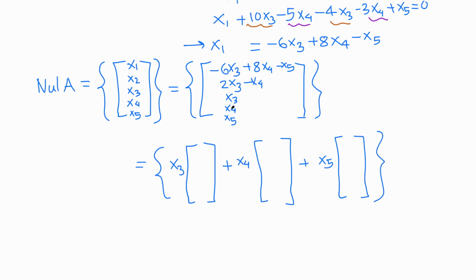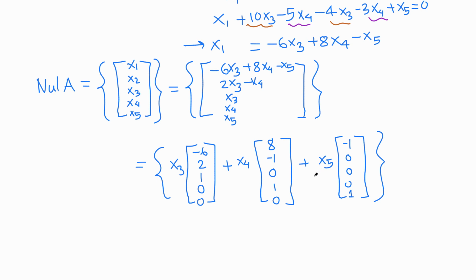So for x3: negative 6, 2, 1, 0, 0. For x4: 8, negative 1, 0, 1, 0. For x5: negative 1, 0, 0, 0, 1.